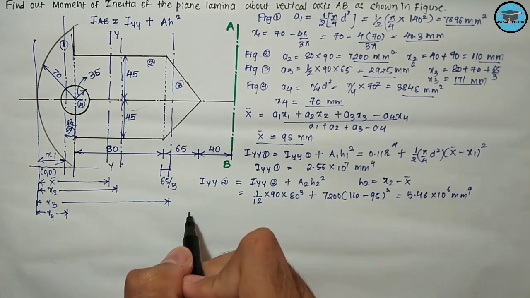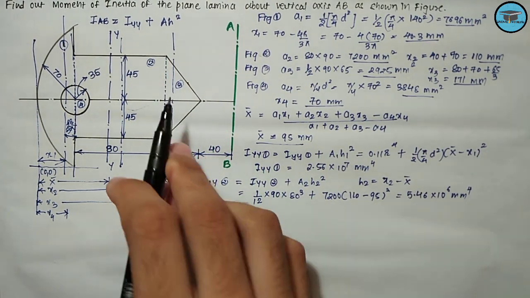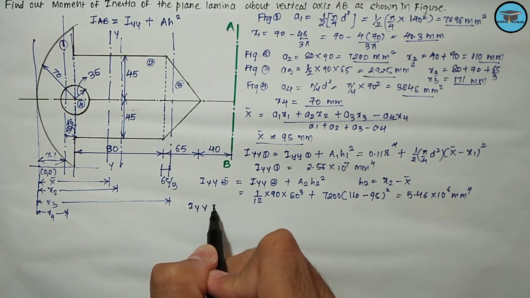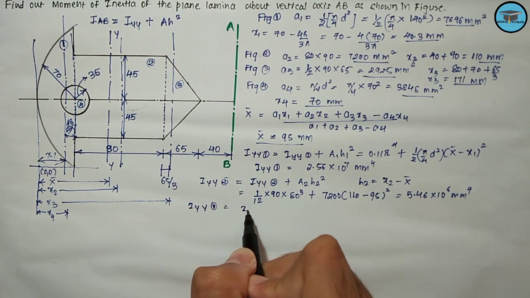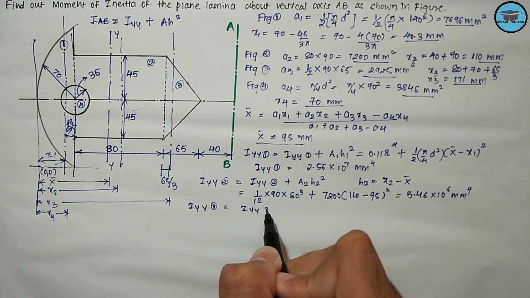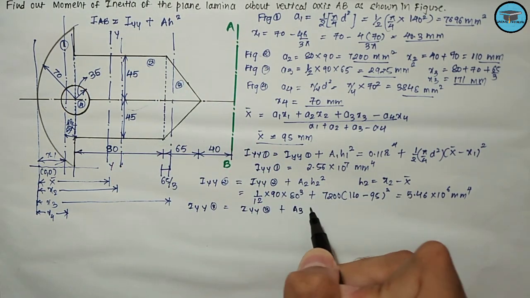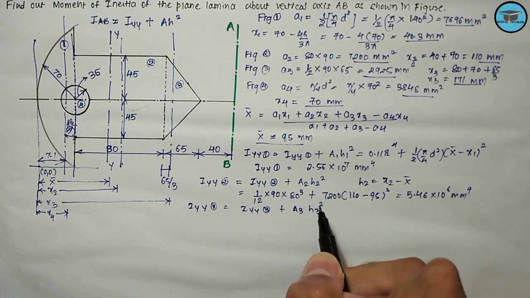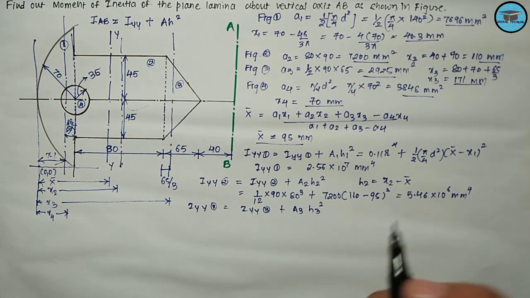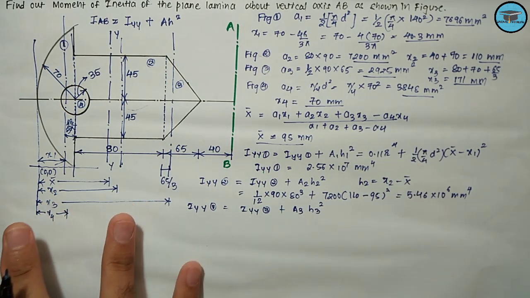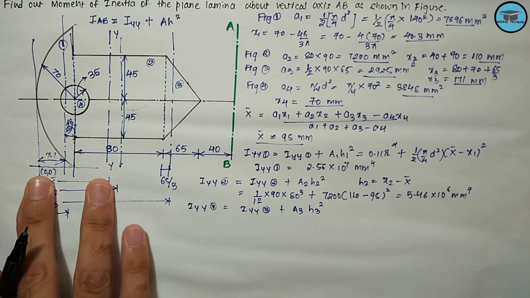Similarly, the moment of inertia of figure 3 about the y axis can be given as the moment of inertia about this local y axis plus the area of that lamina into the square of the distance between these two axes. So h3 is nothing but x3 minus x bar.